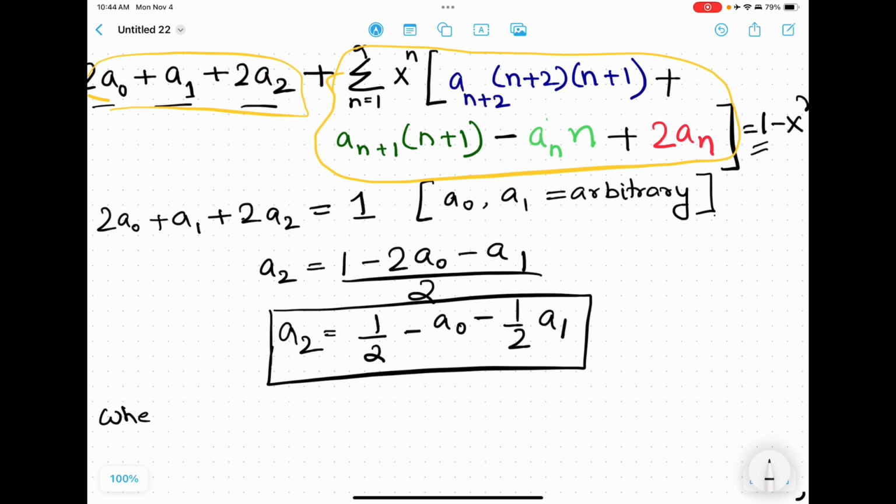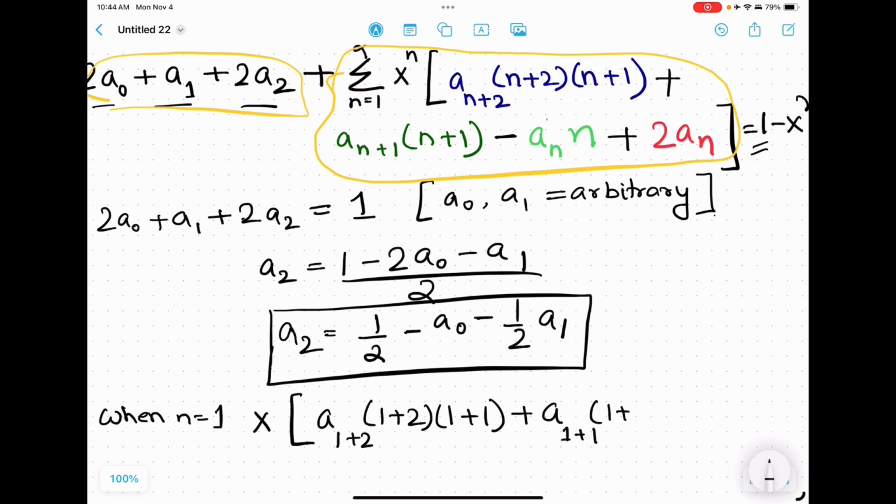All right, so when n is equal to 1, plugging n equal to 1 into this entire power series, I have x to the power of 1, and then I have a sub 3 times (1 plus 2) times (1 plus 1), plus a sub 2 times (1 plus 1), minus a sub 1 plus 2a sub 1, okay?